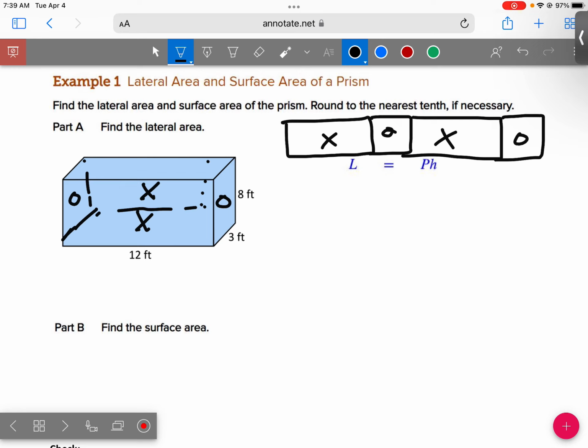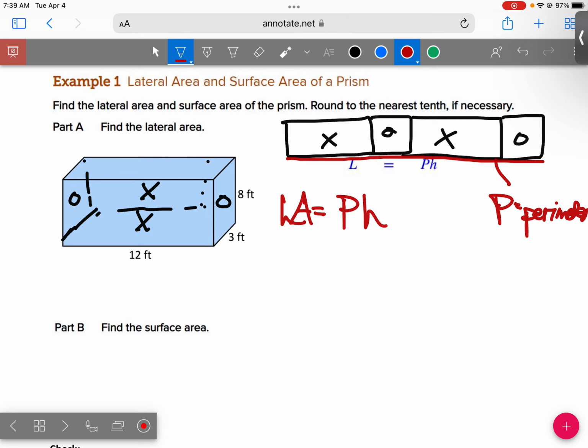So the lateral area is the perimeter, the distance all the way around. Here on the bottom, this is your perimeter. P equals perimeter times the height. So lateral area, LA, is perimeter times the height. My perimeter is 12.